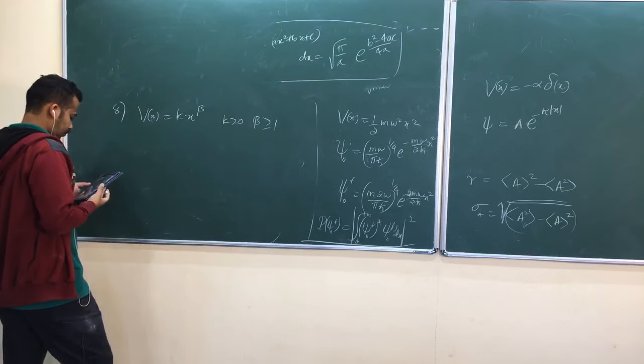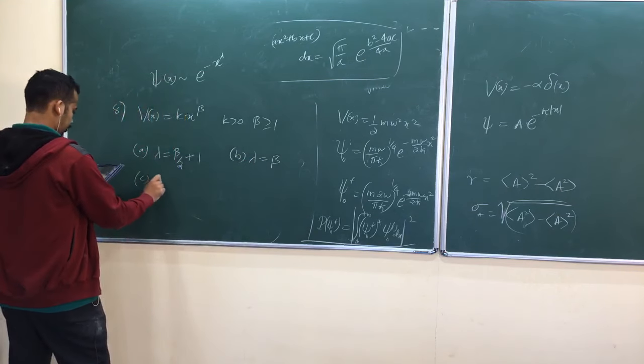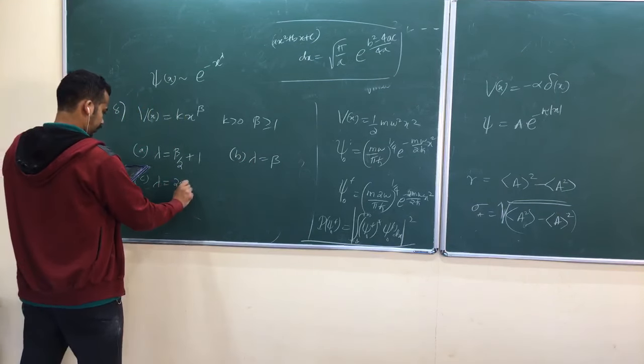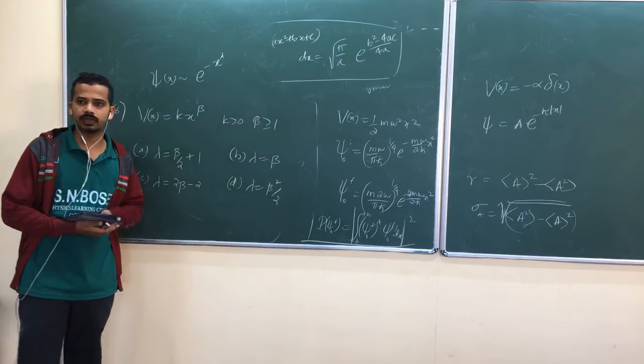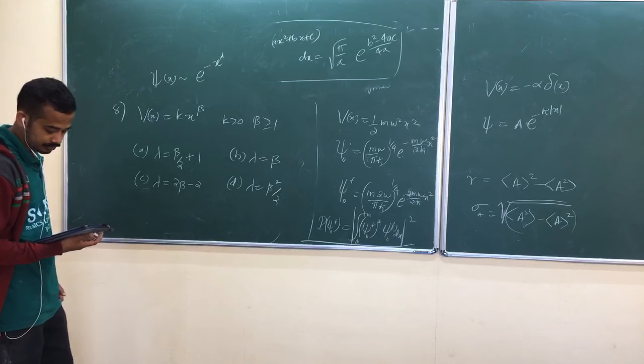Where is lambda? The wave function was e power minus x power lambda. Let me try, okay. You have to go for the Schrodinger equation actually to find these relations.